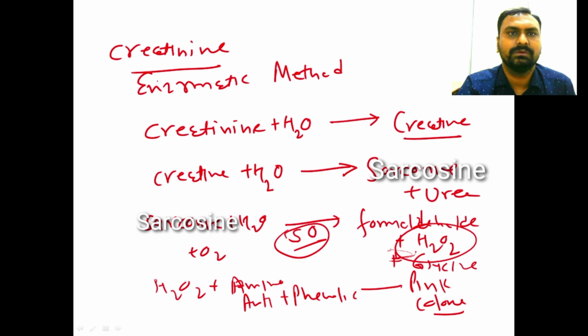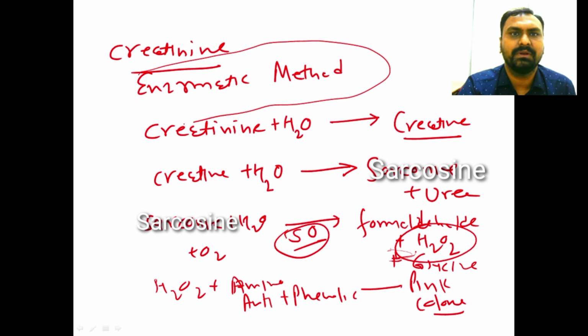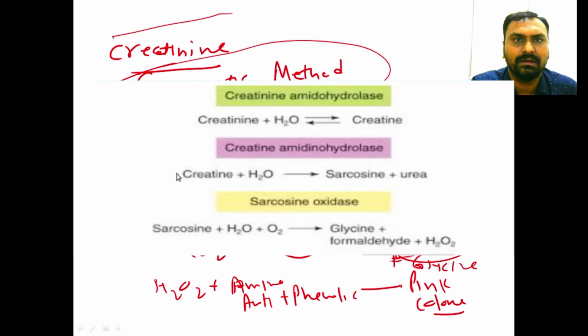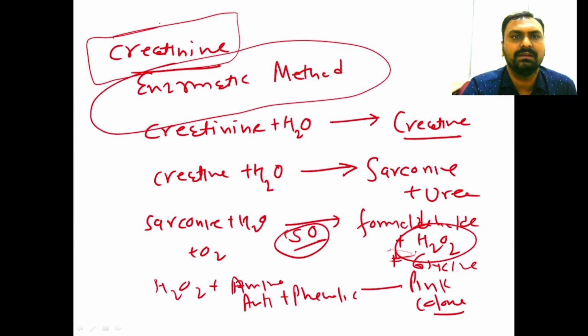Okay, so this enzymatic method will prevent interference of glucose, creatinine, pyruvate, proteins. Also bilirubin, the color of bilirubin, a high bilirubin level interferes in creatinine estimation. So all interferences are minimized with the help of this enzymatic method, right?